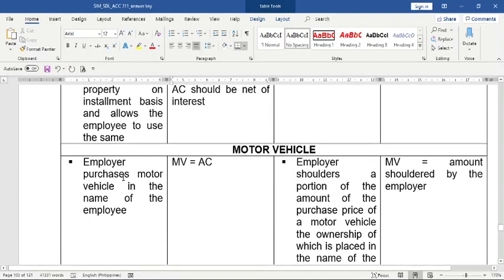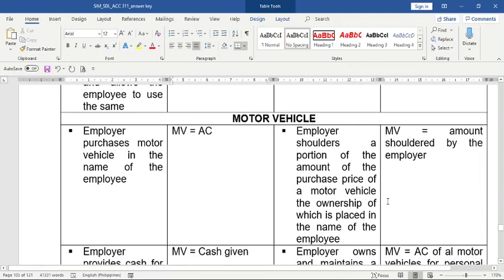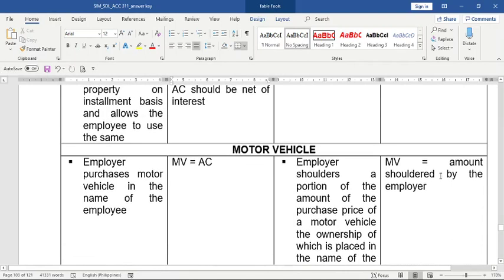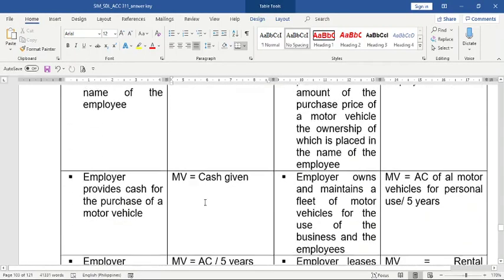If motor vehicle, ang daming i-memorize, you need to familiarize with this, no? Employer purchase motor vehicle in the name of the employee, the acquisition cost. Employer shoulder the portion of the amount of the purchase price of the motor vehicle, merong amount which is placed in the name of the employee, the amount shouldered by the employer, ang ating fringe gross up monetary value.